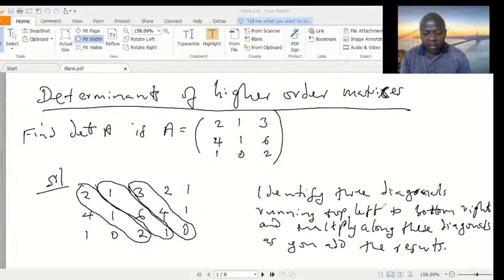So you identify 3 diagonals running from top left to bottom right and multiply along these diagonals as you add the results.